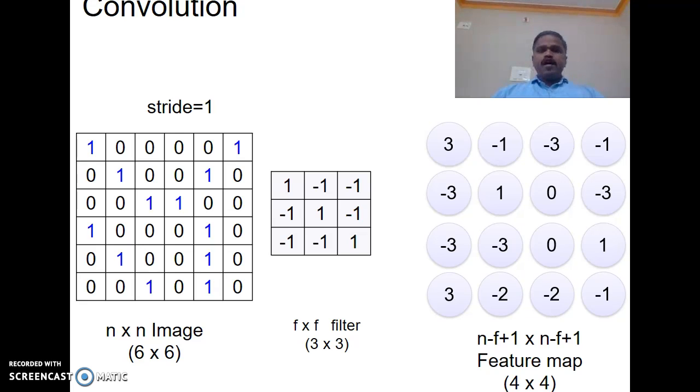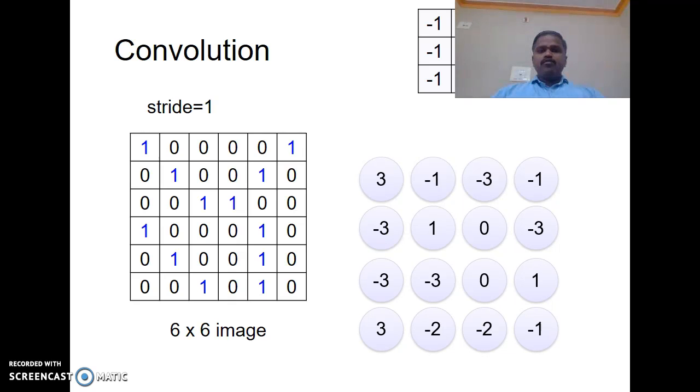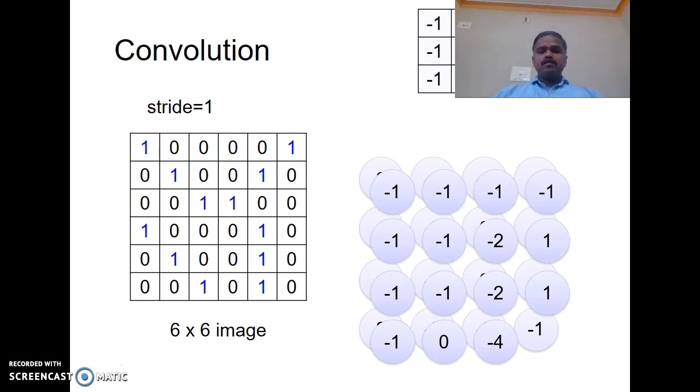Then we can go for another one, filter 2. Here this is the vertical filter. Again we use stride 1 to move over the function, and here we produce the feature map for filter 2. So the background is filter 1's feature map, and here we produce the feature map for filter 2 for the same grayscale image of the bird.